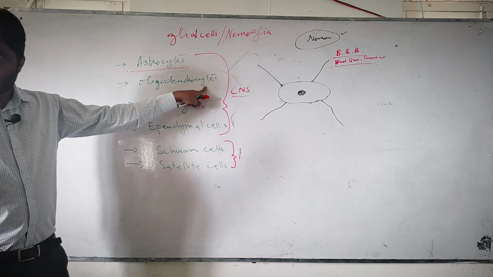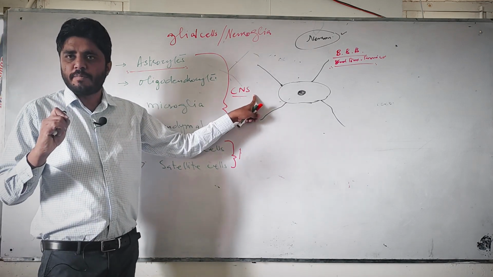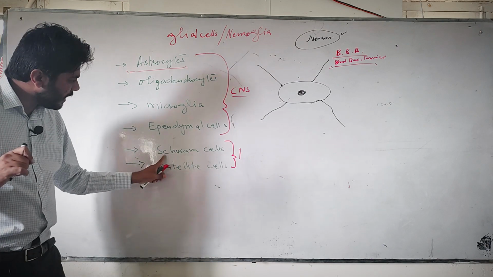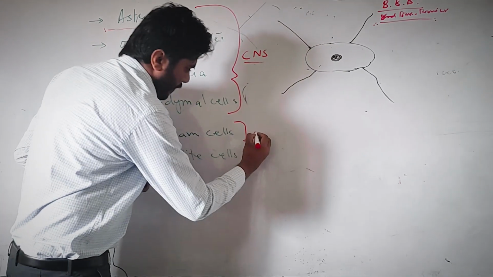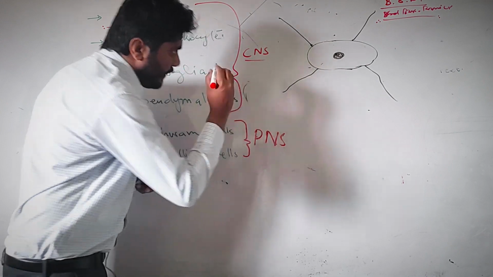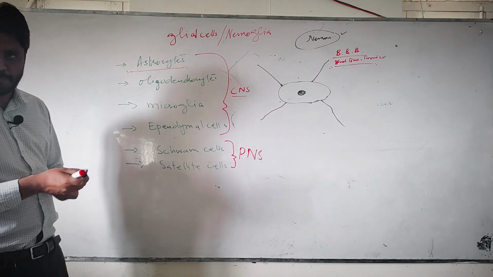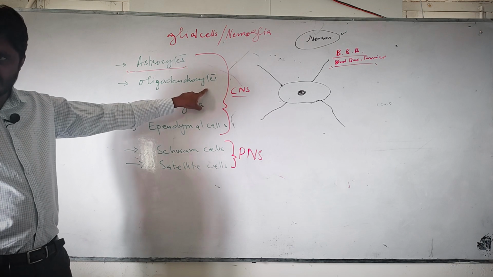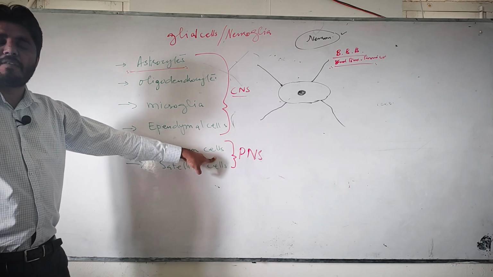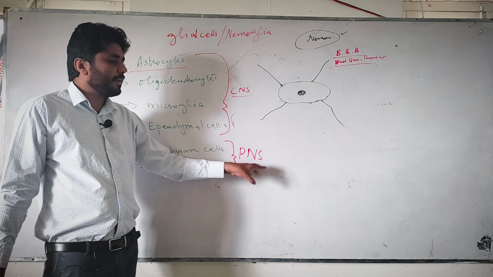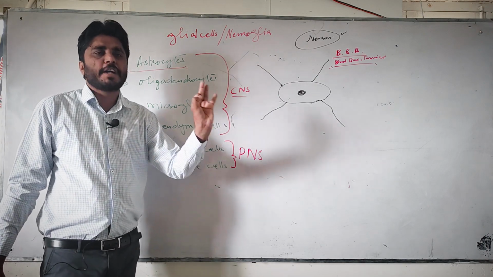what the oligodendrocyte does in the central nervous system, the same function the Schwann cell does in the peripheral nervous system. Okay, these both cells, oligodendrocytes and Schwann cells, they are responsible for what? They are responsible for the myelination of the axon.